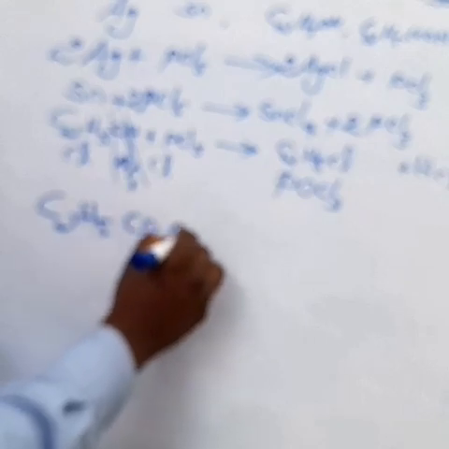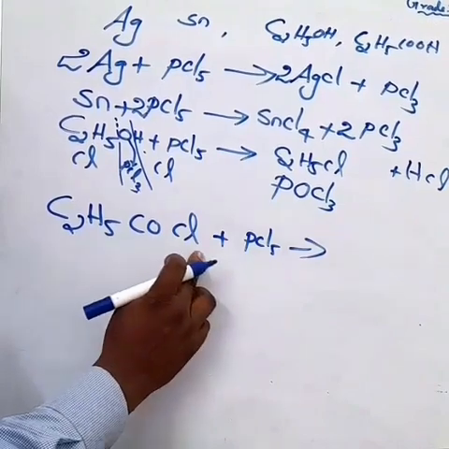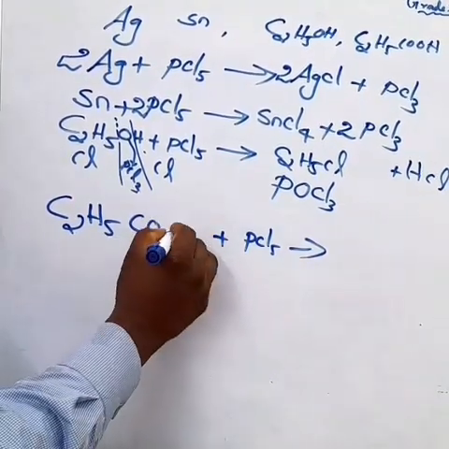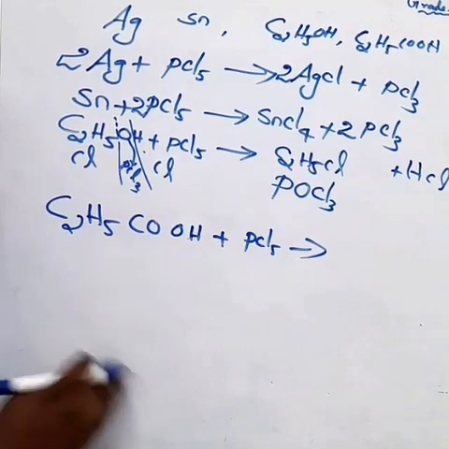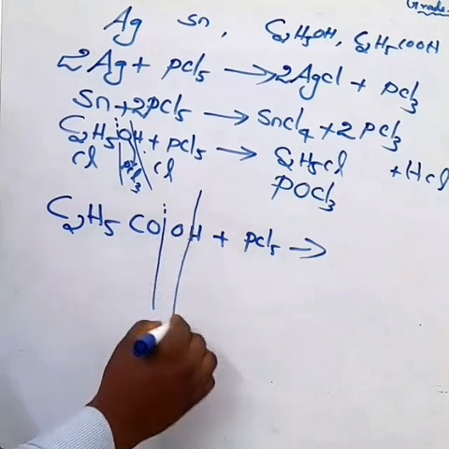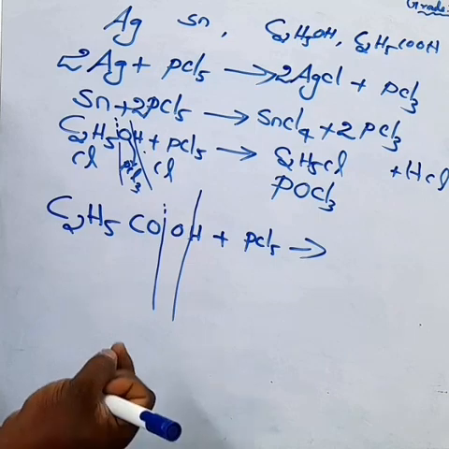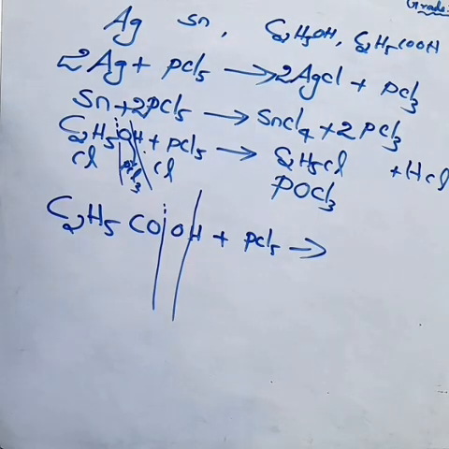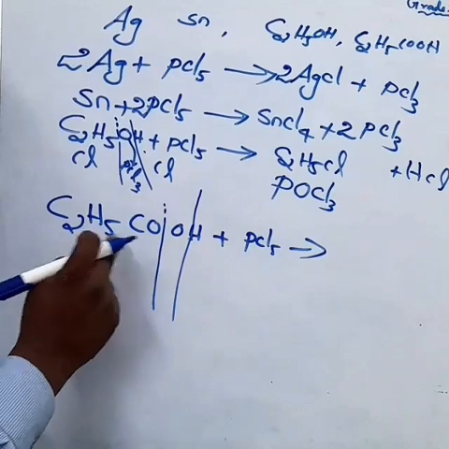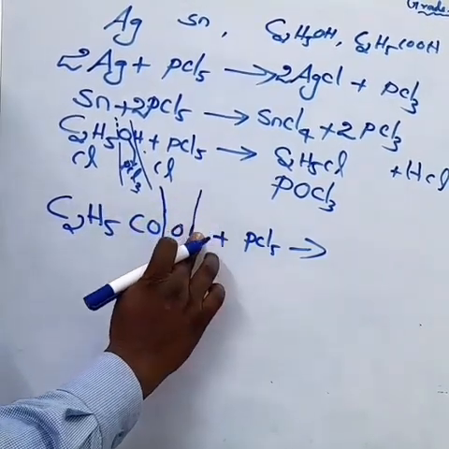Next one, we can take propanoic acid. What is the formula? C2H5COOH. Propanoic acid reacts with the PCl5. Anybody remember the methanoic acid formula? HCOOH, methanoic. Ethanoic acid formula? CH3COOH. Like that, propanoic acid, C2H5COOH. Then this one reacts with the PCl5.